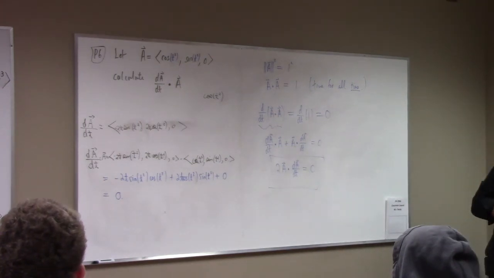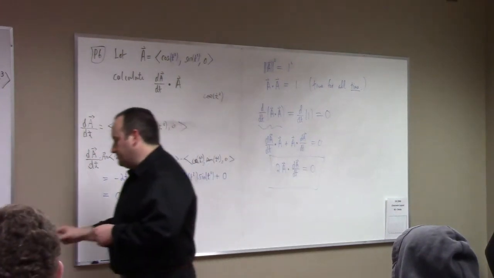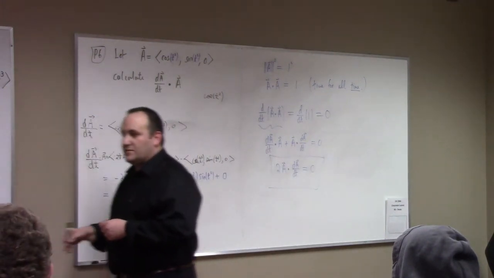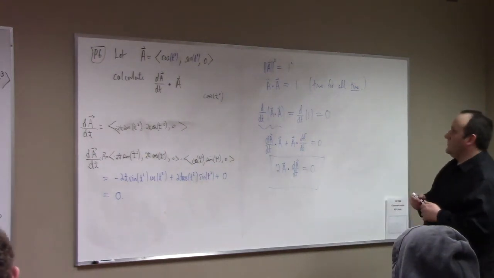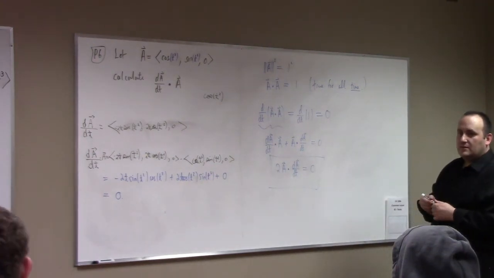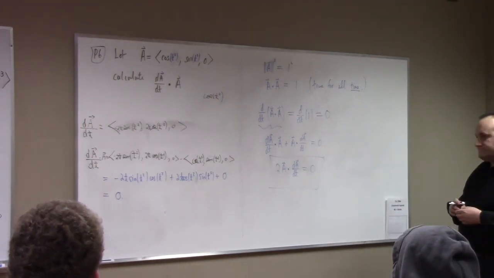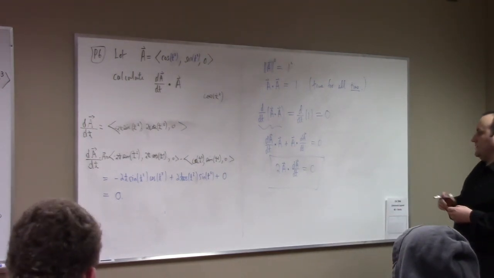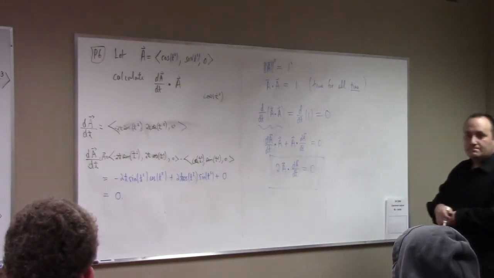I think this is a theorem worth remembering. Unit vectors, all right, or, well, to be more honest, unit vector fields. Anyway, definitely a unit vector is going to be perpendicular to its derivative.